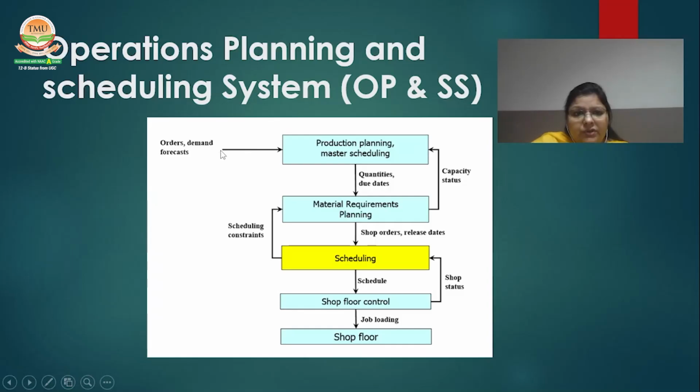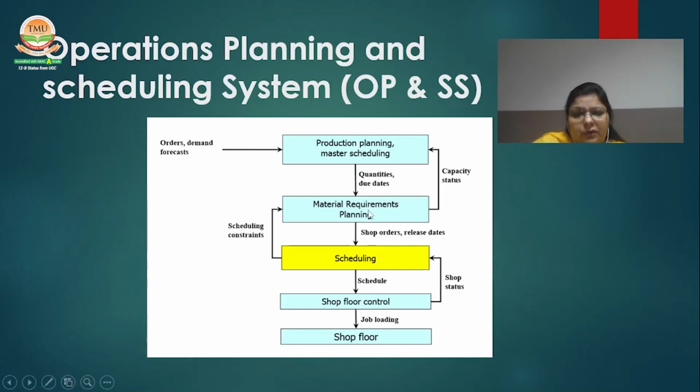The orders and demand forecast are also included in the production planning. Next step will be quantities and due dates: how much quantity you are producing, and what the due dates will be to make your product available in the market.